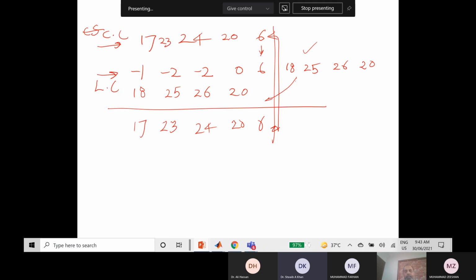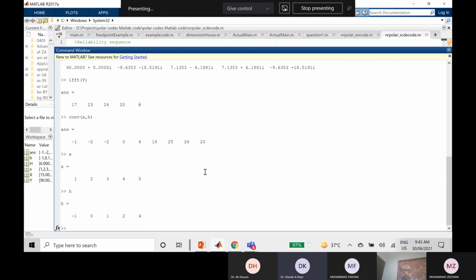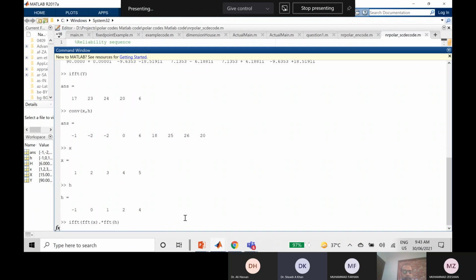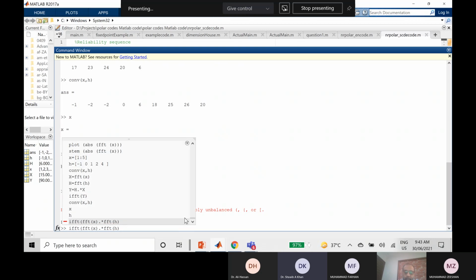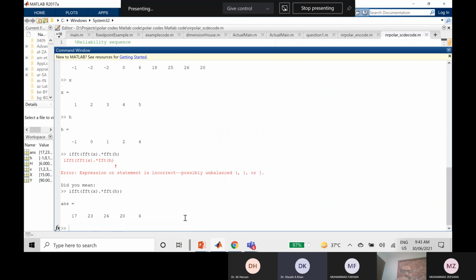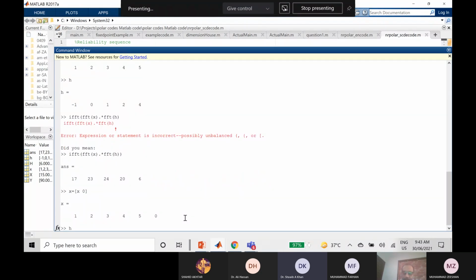and then repeat this. So in MATLAB, if I'm doing it in MATLAB, I say भाई ऐसा करें कि ये जो आपने, मैं इसको एक ही दफ़ा लिख देता हूँ, IFFT of FFT of X dot multiply FFT of H, ठीक है, सॉरी, ये आया था अभी हमारा कन्वोल्यूशन। मैं कहता हूँ नहीं, आप ऐसा करें कि x जो है ना, जो भी x था उसमें एक 0 और डाल दें, और जो भी h था ना, so whatever h you had, put another 0 in it.